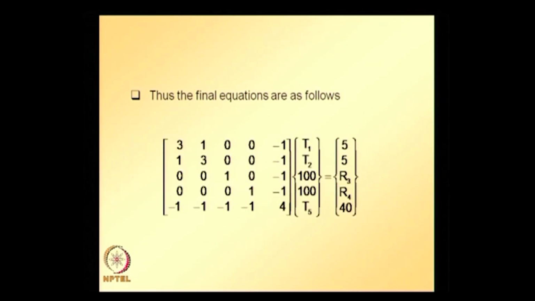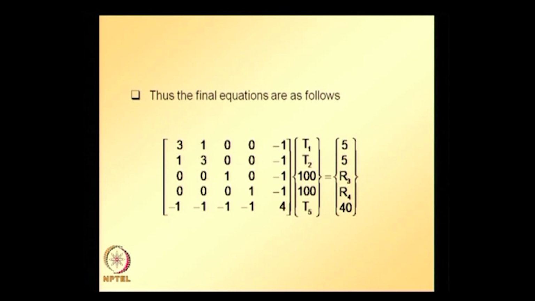So, the final equations after imposing T3 is equal to 100, T4 is equal to 100 become this, and this is to solve for the 3 unknowns.